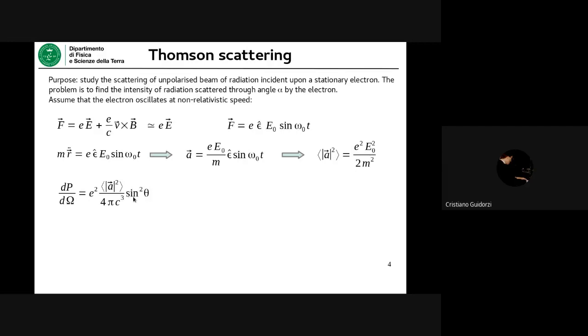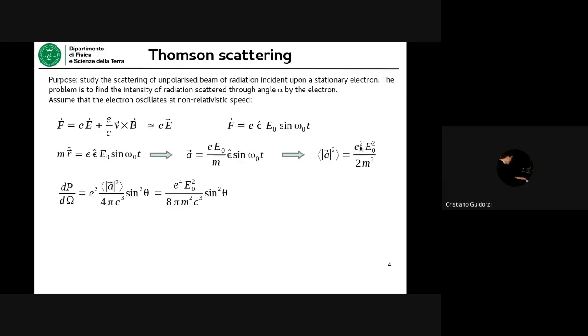So the sine squared of theta, where theta is the angle between the direction of propagation of the wave and the direction where you are measuring the emission and the energy emitted by the electron, which, replacing the value, the time average of the squared modulus of the acceleration is just this guy squared.